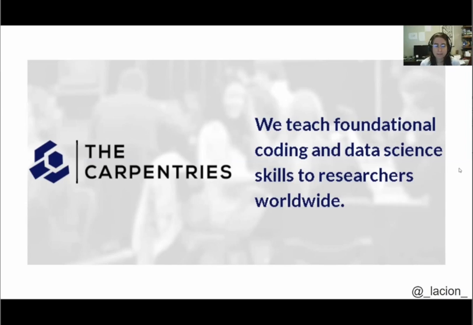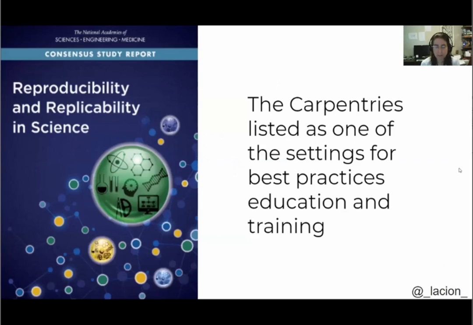And it's not only a community of practice. It's a community of practice that is really linked to the academic world and to the research world, to the point that the Carpentries is featured as one of the few settings for best practices in education and training to approach the problems of reproducibility and replicability in science.